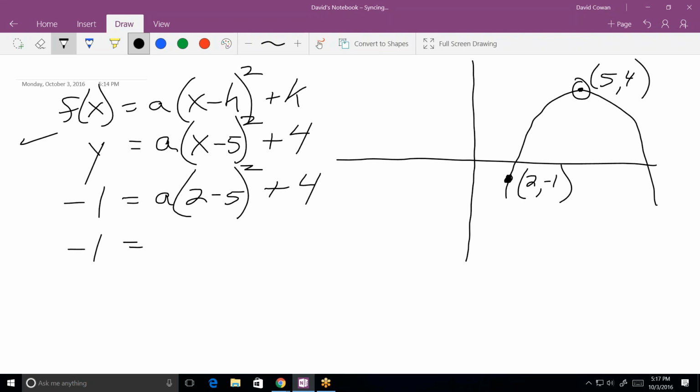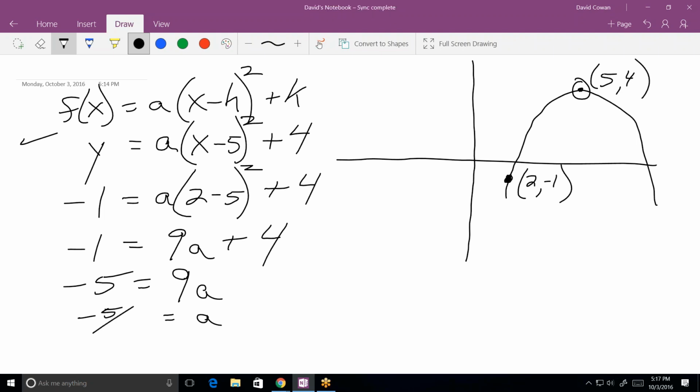Do the parentheses first, the 2 minus 5, and then square it. So it'd be 9. So -1 equals 9a plus 4. Then 9a equals minus 5, so a is equal to -5 over 9.